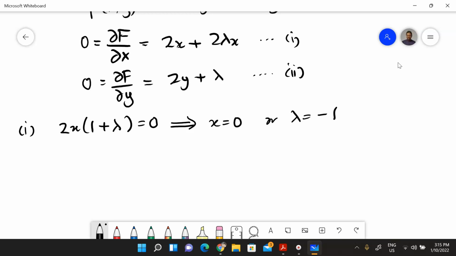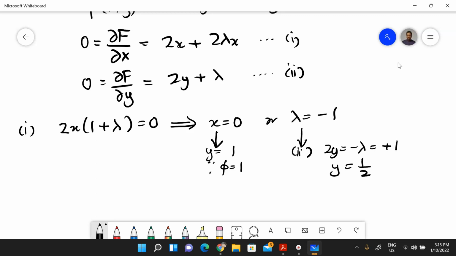Again, one can substitute to get your y. y is going to be equal to 1 because your phi equals 1. And then over here we use equation 2 to get 2y equals minus lambda, which equals plus 1. So in other words, y equals a half. So again, one has the same solution as before.